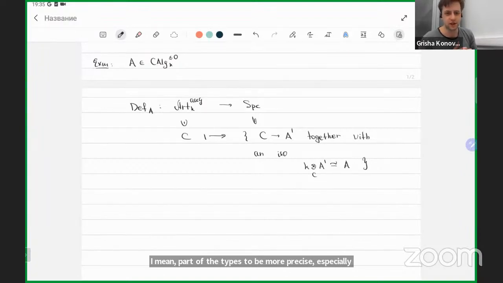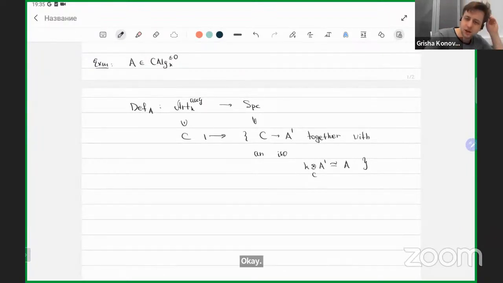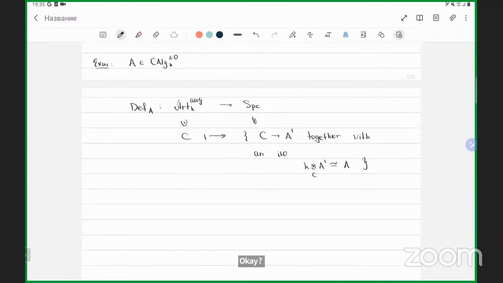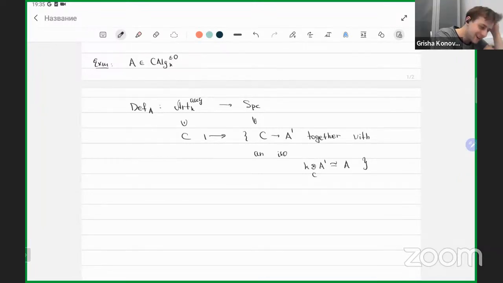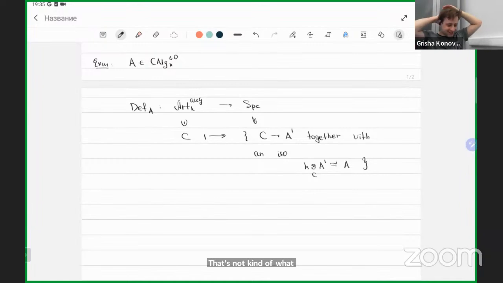This is an infinity category. Okay. Yeah, and we identify this space via the Quillen correspondence or Sullivan correspondence, but that's not the level of details I want to get into.